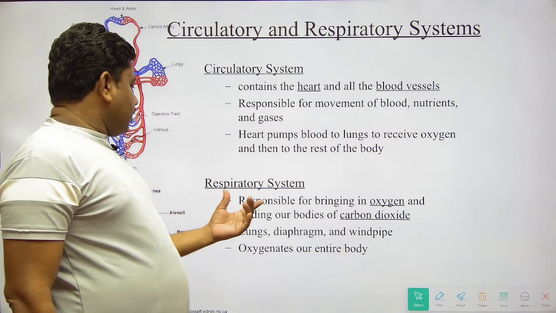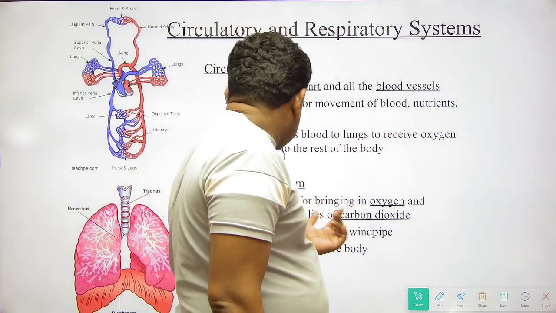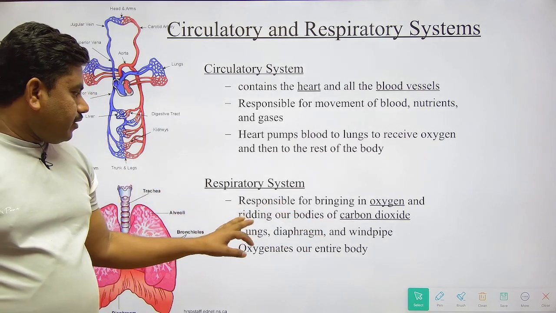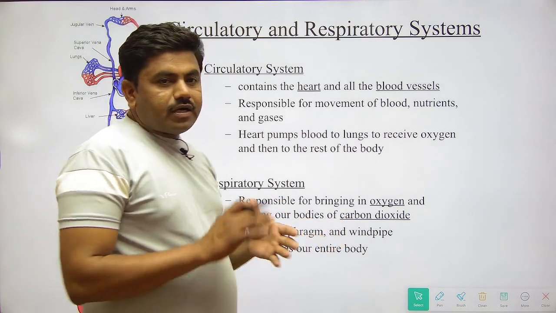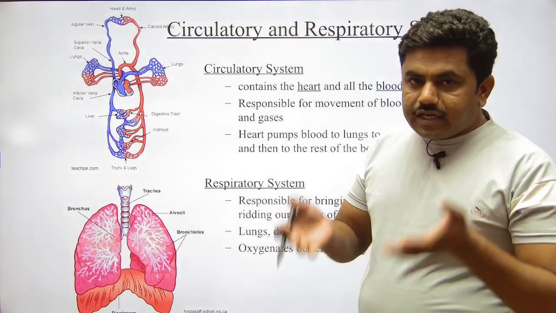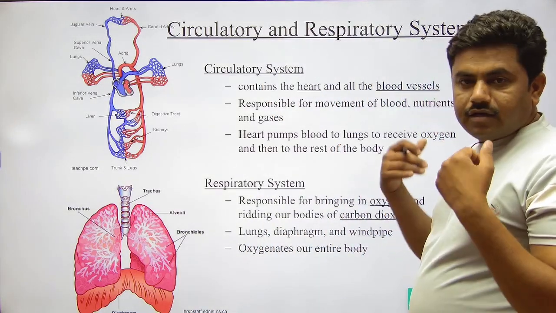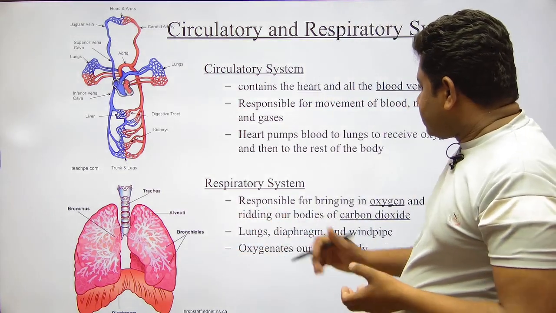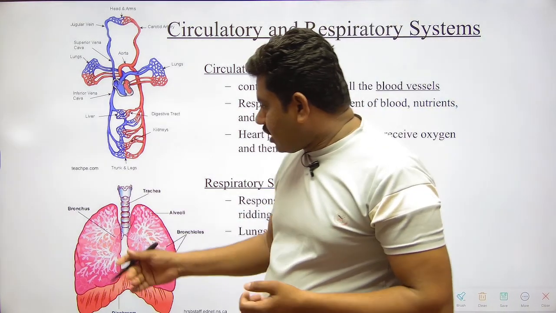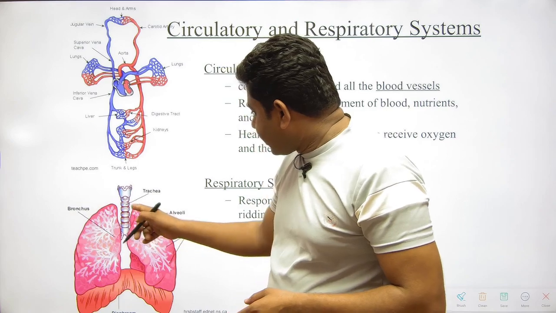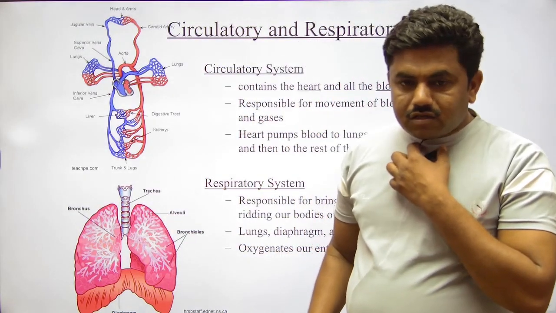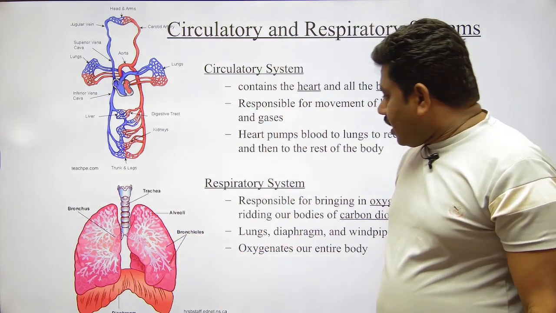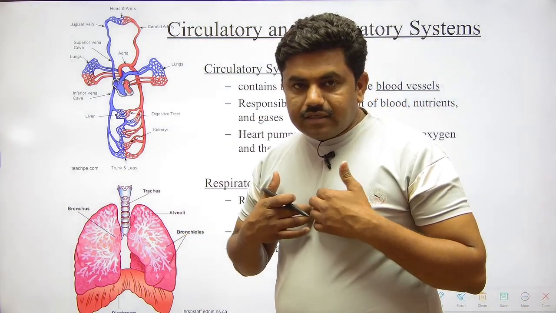And now see, the next is the respiratory system, which is responsible for bringing in oxygen and ridding our bodies of carbon dioxide. It takes oxygen inside and exhales carbon dioxide, and this system is related to the lungs. See here, the bronchi are shown, the trachea, through which air comes when we inhale, the alveoli, the bronchioles, and the main part is the diaphragm.